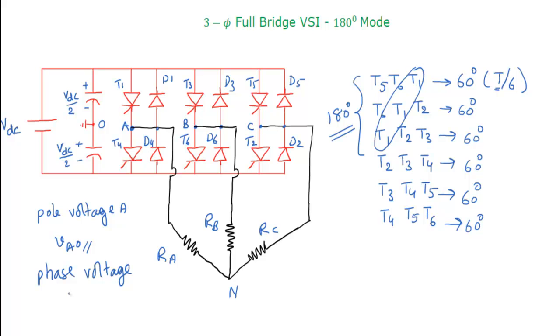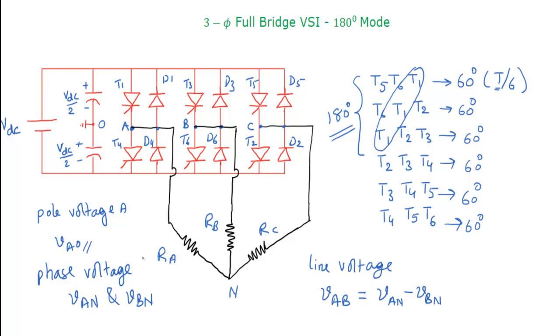So we are going to discuss phase A and phase B. Why do we need two phases? Because we need to calculate the third voltage, that is the line voltage. Line voltage is the voltage difference between two phases, between A and B, or B and C, or C and A. We are going to discuss only one line voltage, line AB, the potential difference between two phases, that is VAN minus VBN.